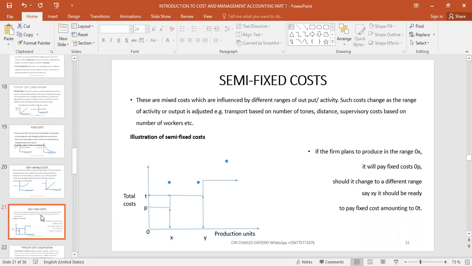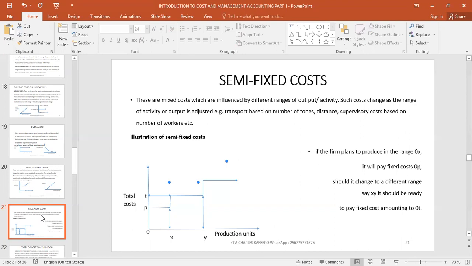An example we can talk about is rent. If an organization pays rent for storing, let's say, the output produced, you may find that the capacity of the building can hold a certain amount of items, to the extent that if you put in more than what the building can accommodate, it will not fit.